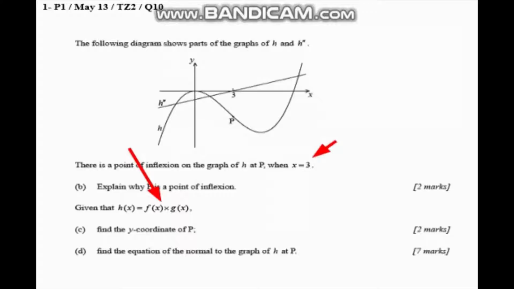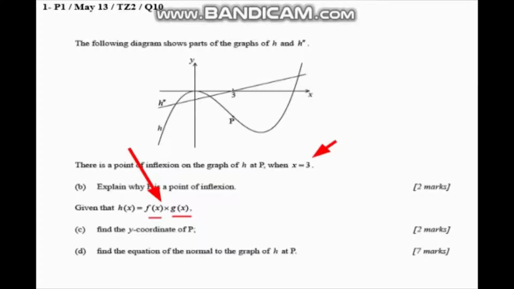Since h equals f times g, we can deduce that h dash shall equal fg dash plus gf dash, which is the same as saying uv dash plus vu dash. The u here is f of x, and the v is g of x. Hence, h dash shall equal fg dash plus gf dash.